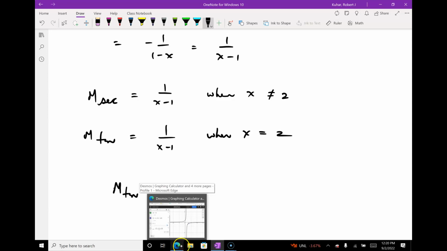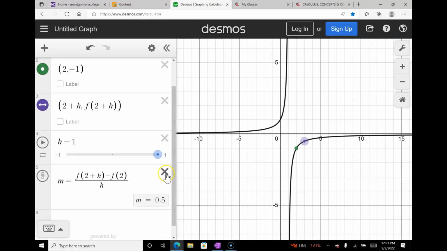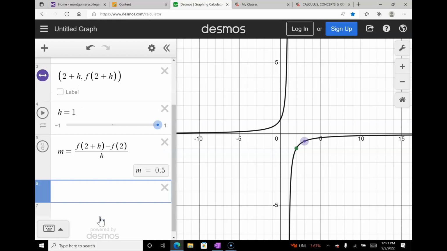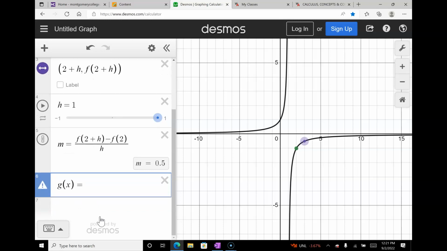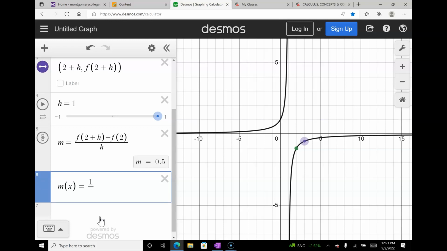All right, I want to plug this secant slope into my calculator, right? So I've got a new function here. Let's call it g of x, or m of x. Doesn't matter. I got 1 over x minus 1, is that right?